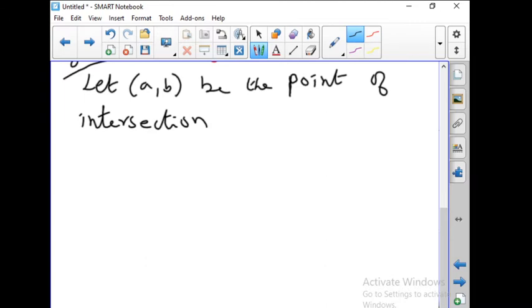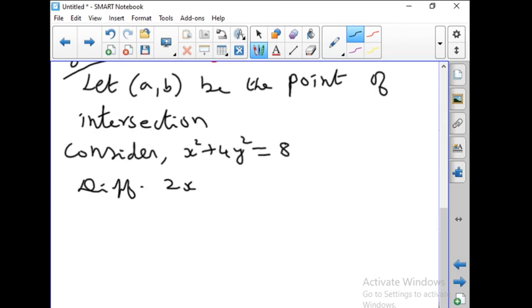Okay, so now we'll differentiate and find m1 and m2 first. Consider the first curve, x square plus 4y square, the ellipse. Differentiating, what do you get? 2x plus 4 into 2y into y dash is equal to 0.